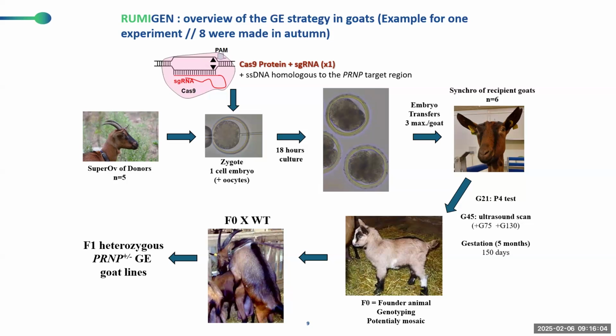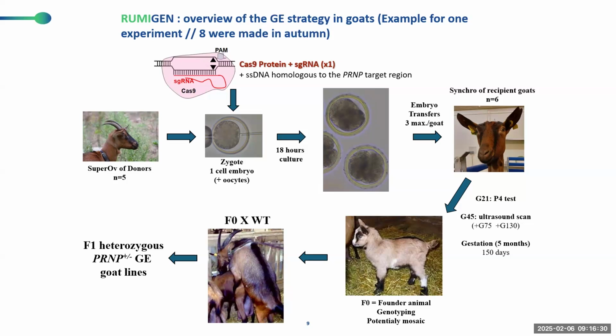Then these zygotes or oocytes, because some are not fecundated, are put in culture for 18 hours in order to have the first stage of cleavage. So 15 hours later, we check all the embryos to see those that were fecundated and those that are developing.